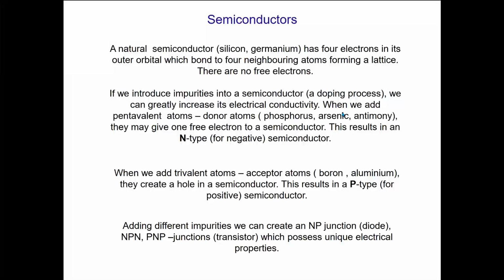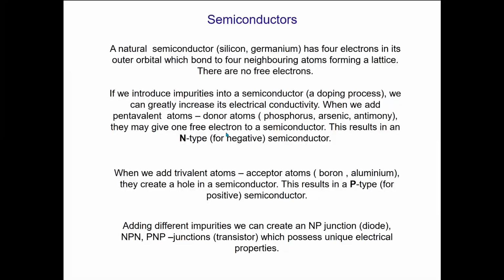For example, when we add pentavalent atoms, which have 5 outer electrons, or donor atoms, phosphorus and arsenic are examples, then these pentavalent atoms will bond 4 electrons with atoms of silicon, but they may give 1 free electron to the semiconductor.